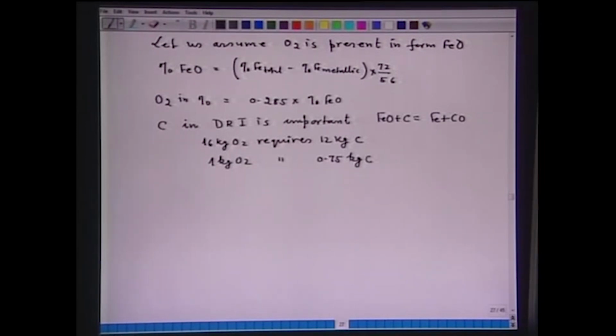What I wanted to say from here is that if carbon content in DRI is maintained at 0.75 ratio to the oxygen of FeO, then carbon will react stoichiometrically with FeO during electric arc furnace operation.